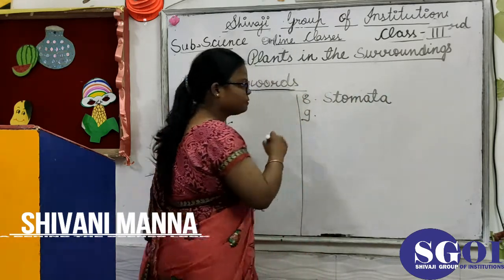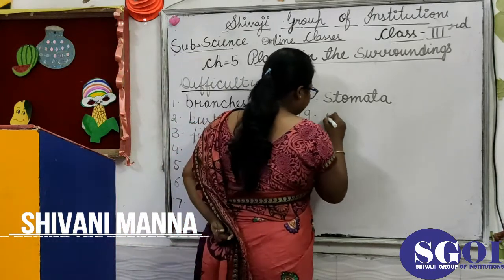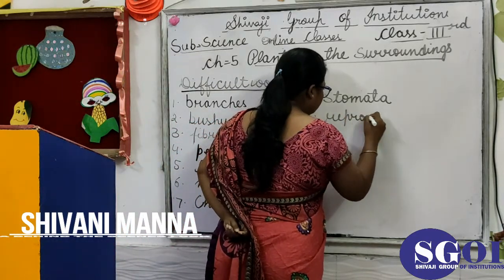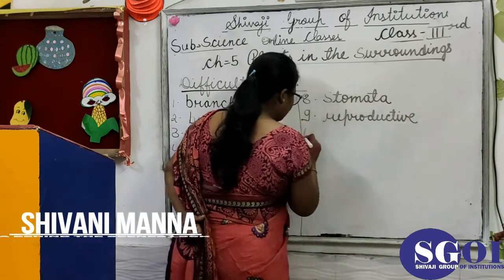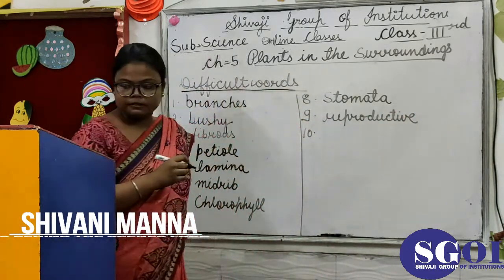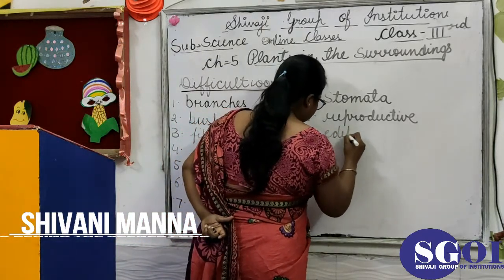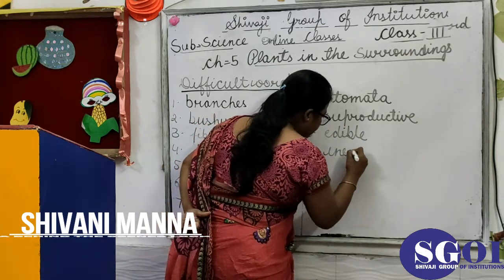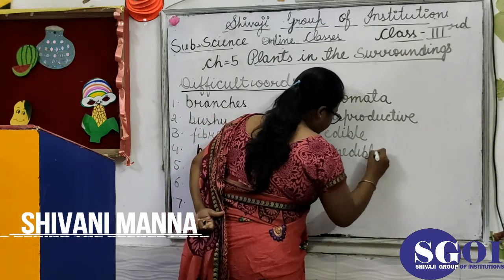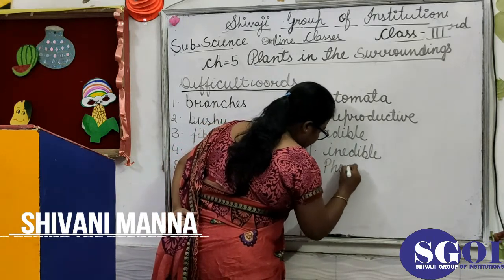Ninth is reproductive. 10th one is edible. 11th, inedible. 12th, photosynthesis.